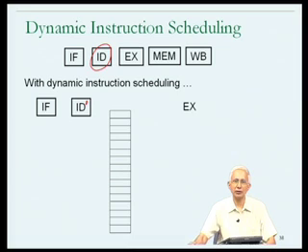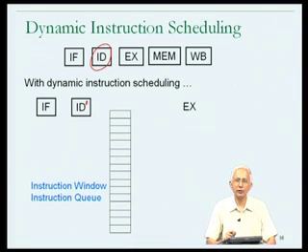And this kind of a structure in a pipeline would be referred to as an instruction window, or in some cases as an instruction queue, though it is not going to be treated as a first in first out queue clearly. If it was a first in first out queue, that would imply that the instructions enter the queue in some order and come out of the queue in the same order, which is clearly not the case here, because we are talking about dynamically scheduling the instructions in some different order.